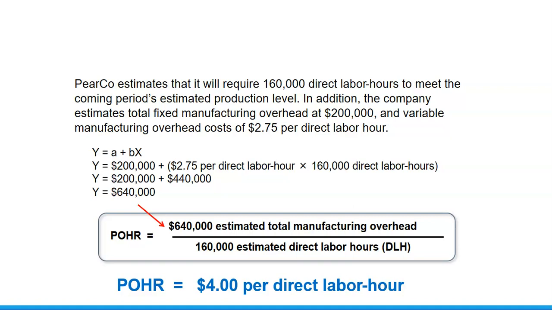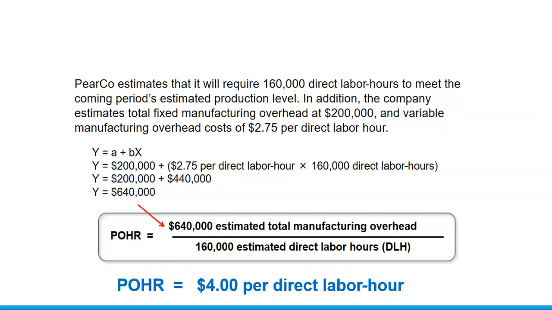And we calculate that our total estimated manufacturing overhead costs are $640,000. We divide that $640,000 by our estimated direct labor hours and get a predetermined overhead rate of $4 per direct labor hour.